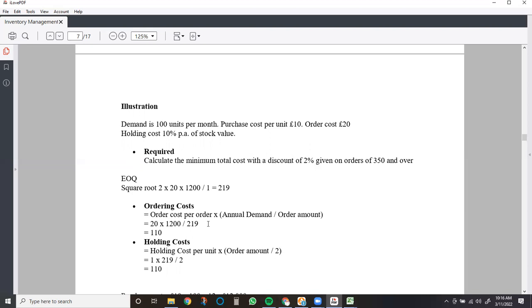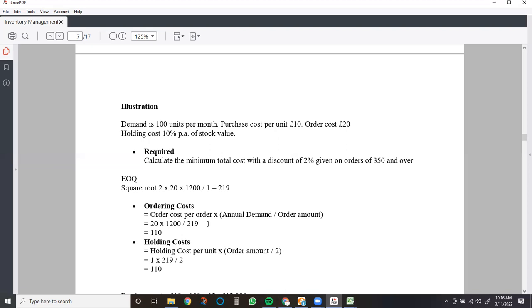I did mention, I think in the handout somewhere, that holding cost may be given as a per unit cost, or it may be tied to the purchase cost. For example, you may be told holding cost is 10% of the purchase cost. What that means is that under the current system, the purchase cost is the same regardless of the order size.